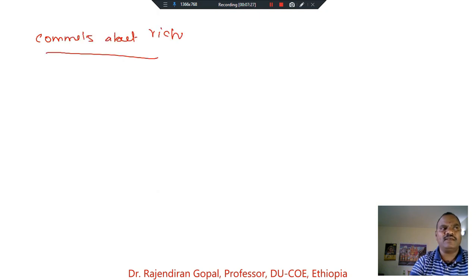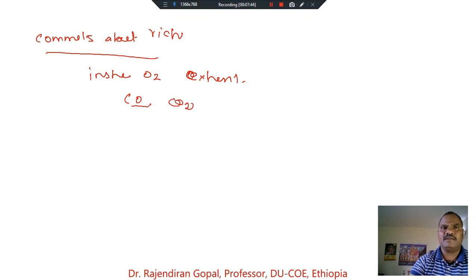Then additionally they are asking what will happen if the mixture is rich, so that instead of producing O2 in the exhaust, it will produce CO, that will take some part from the carbon dioxide.